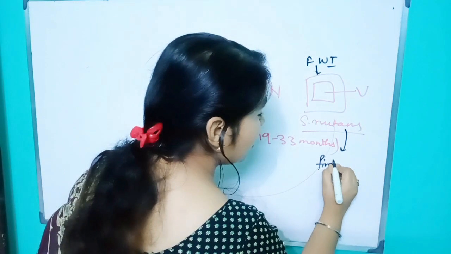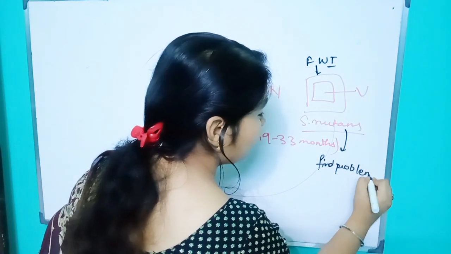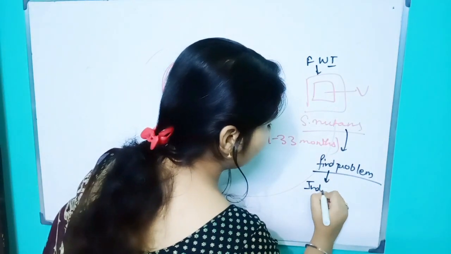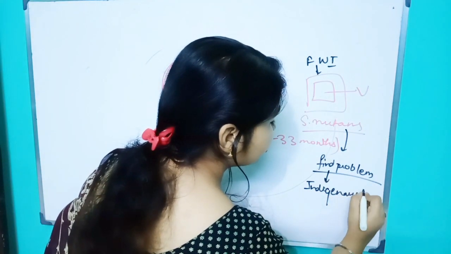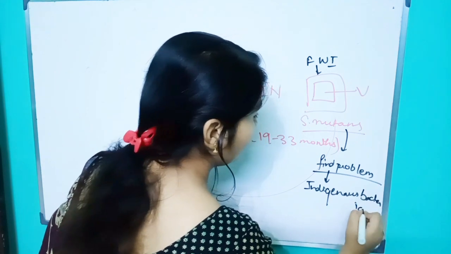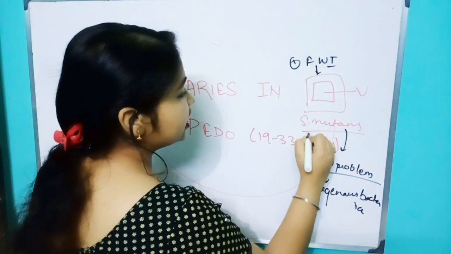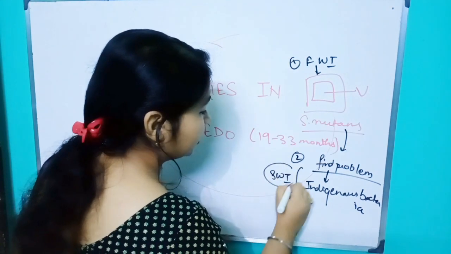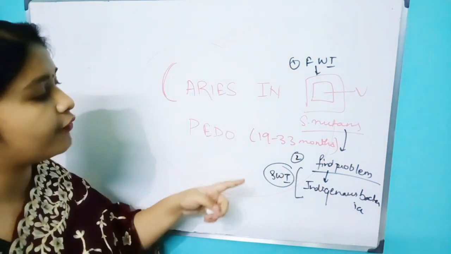It finds problems in colonizing just because of your indigenous bacteria. This is your second window of infectivity. Okay, this is the second point of this lecture.